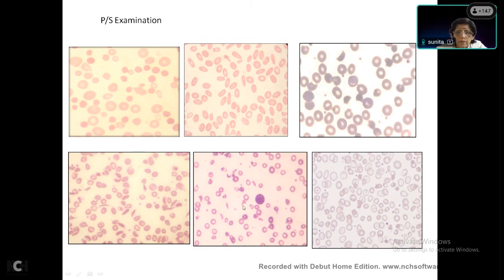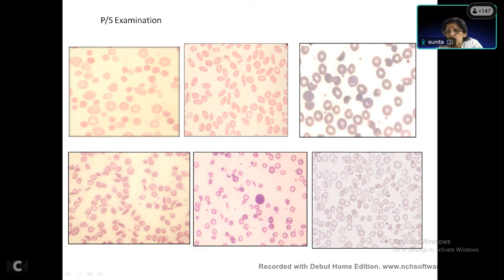Now in this slide, see that they are all fragmented cells. So I have told you, when these red cells pass through small vessels which have multiple thrombi, that leads to mechanical injury and fragmentation of the red cells. So if you find these fragmented red cells, which are known as schistocytes, in the peripheral blood, you will investigate accordingly.